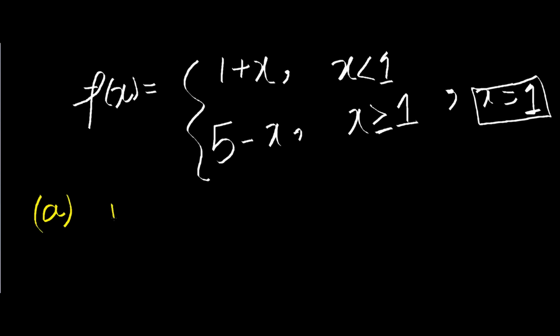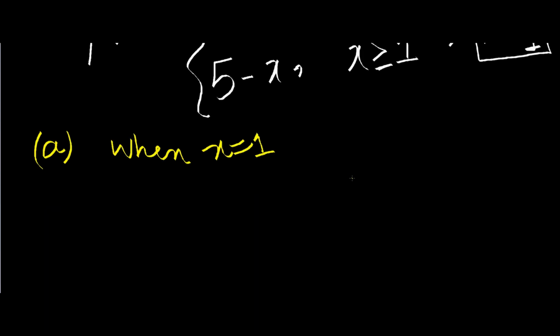When x equals 1, as you can see, this is a compound function because there are two equations in it. When x is greater than or equal to 1, which includes x equal to 1, the function is 5 minus x.